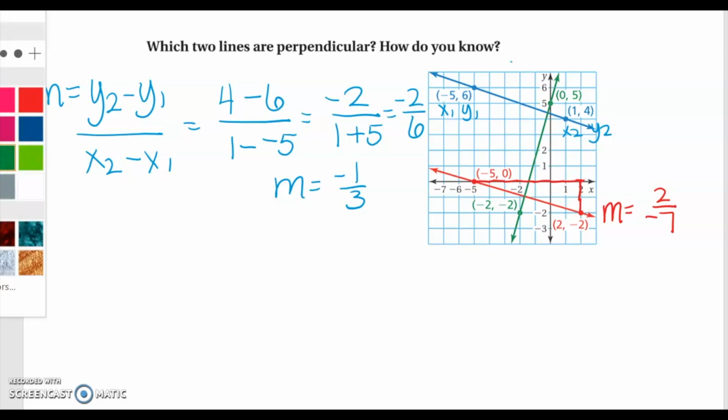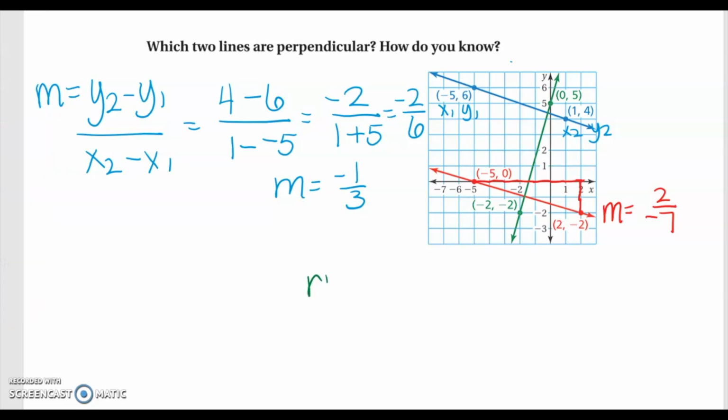So now I'm going to try that green line. And again, I'm going to do rise over run for the green line. Okay. So I'm going to rise 1, 2, 3, 4, 5, 6, 7.